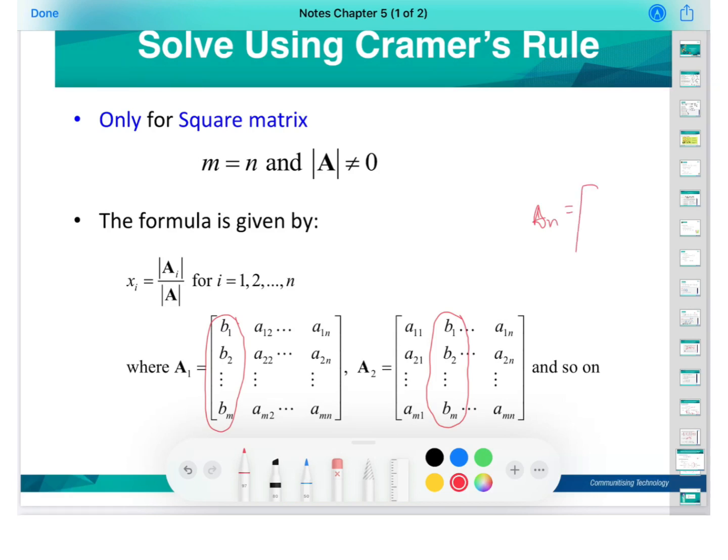An means you have A11, A21 until Am1. Okay, and then your last column will be changed to B1, B2, Bm.